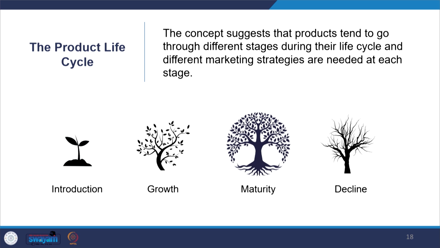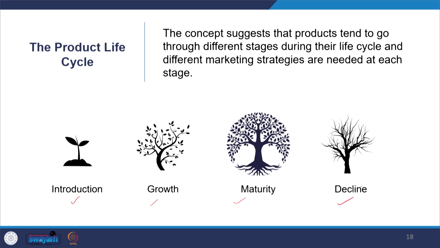As you can see here, there is an introduction stage, where there is a small sapling, and then it grows into a plant, a growing plant with more branches and leaves and fruits. Then it becomes a mature tree, very old and huge, and finally the tree dies out and the wood is used for some other purpose.